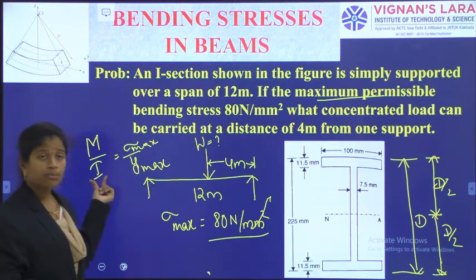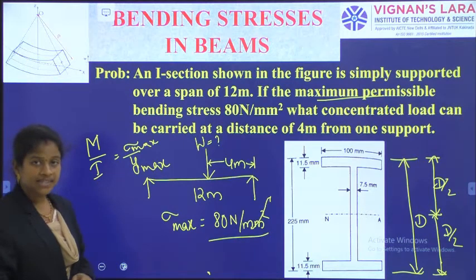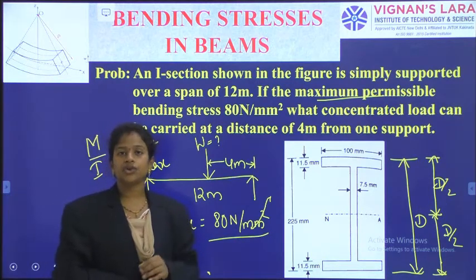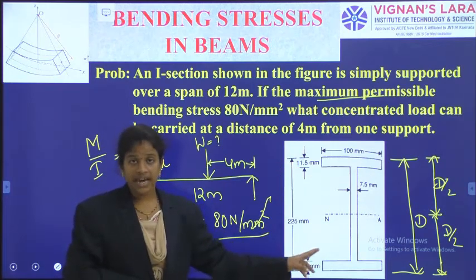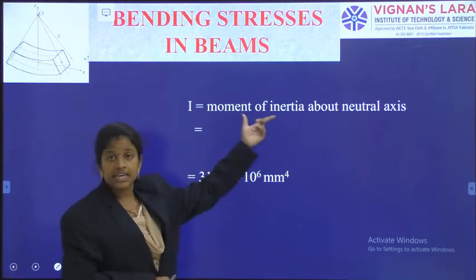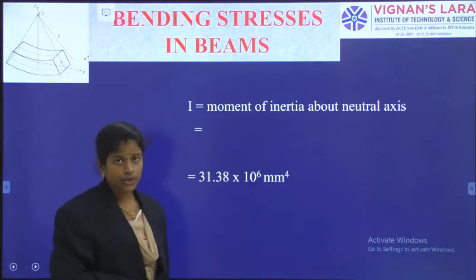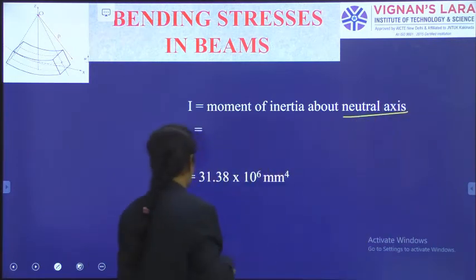And I need to know the moment of inertia about the neutral axis. So the first thing is locating the neutral axis. As the section is symmetrical, the neutral axis is the center line of the section. So I is equal to the moment of inertia about the neutral axis, and the neutral axis is the center line of the section.